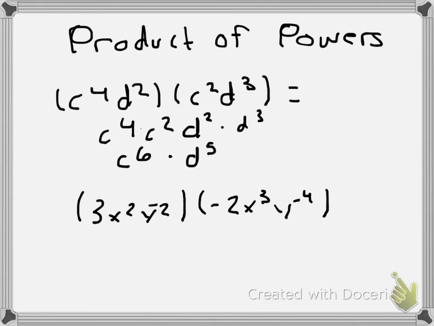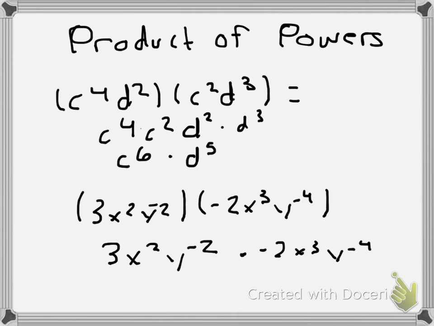For the next one, write it as 3x^2 y^-2 times -2x^3 y^-4.